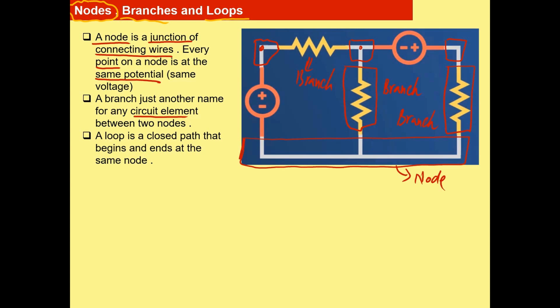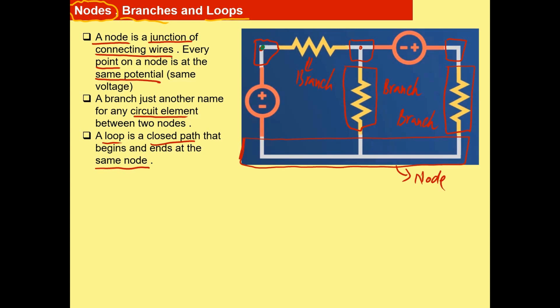Now the next thing we need to understand is what a loop is. A loop is simply a closed path. It begins and ends at the same node. So what exactly does it mean? Let's take this node as an example.